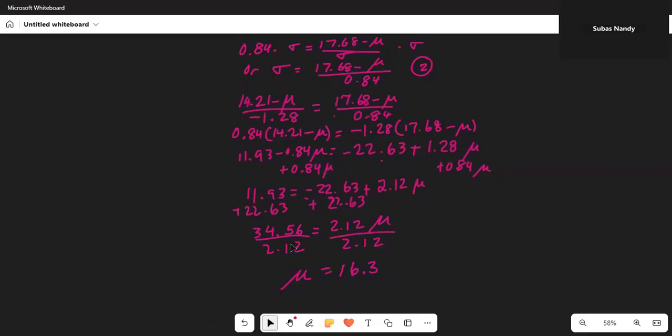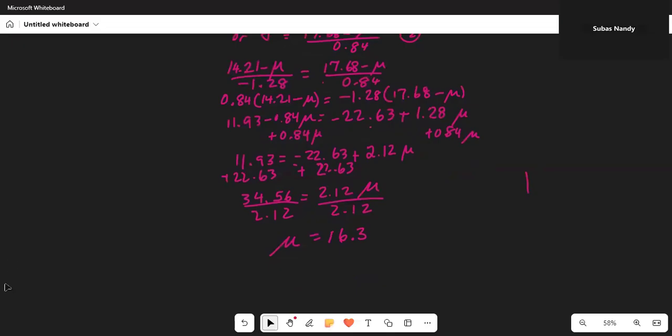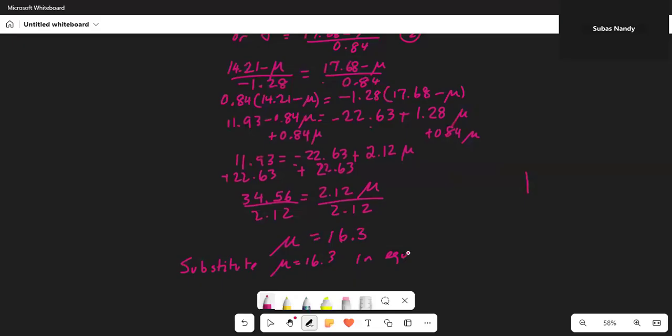Okay, so substitute mu equal to 16.3 in equation 2, the equation for sigma.